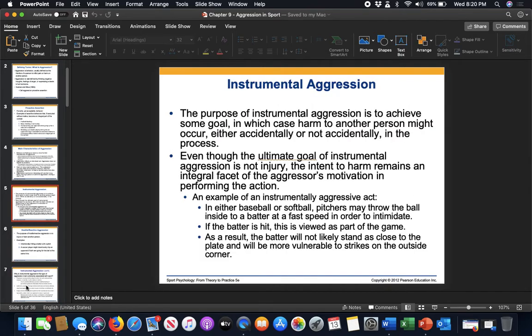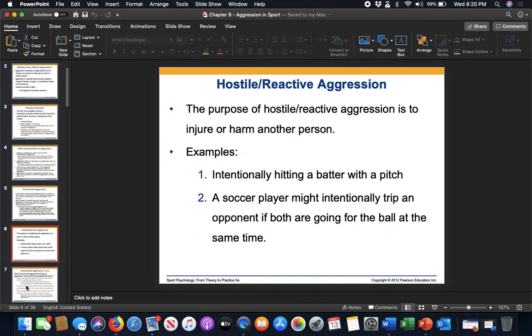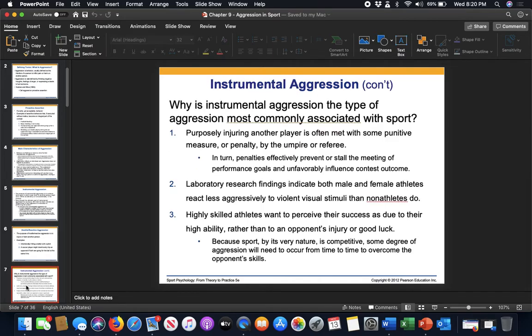If we go back from the instrumental aggression part to the hostile part of it, look at here. If there is an issue where an injured player does get hurt, and obviously if it was meant for that purpose, usually a penalty is thrown. Like it says here, it's often met with a punitive measure. So that's usually the penalty that's there.